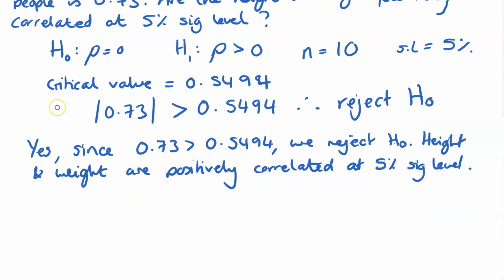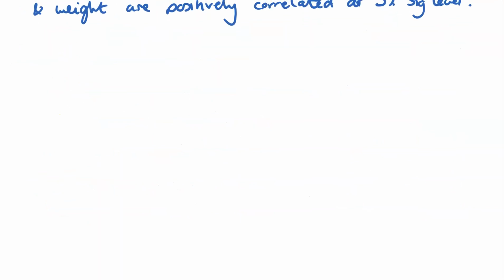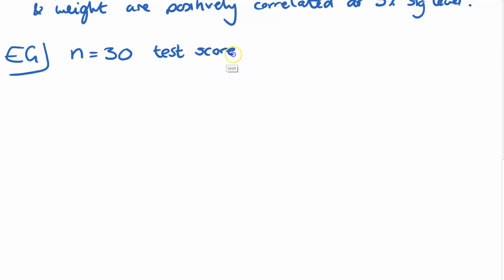So one more for you. We have a sample of 30 people. I'm probably going to shorthand this one. So we've got a sample of 30 people, and it's test scores. And we are told that the p-value, that's p not rho, is 0.00192.